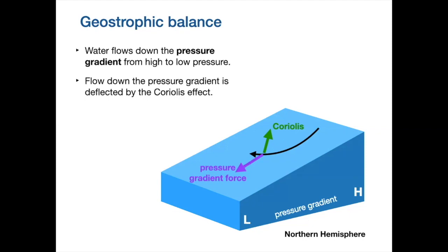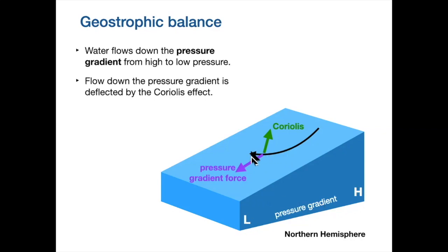We also know that due to Coriolis, as the flow comes down the pressure gradient, it's deflected to the right in the northern hemisphere. We have a Coriolis vector here at right angles to the flow, and we still have a pressure gradient force that's down slope, so from high pressure to low pressure.